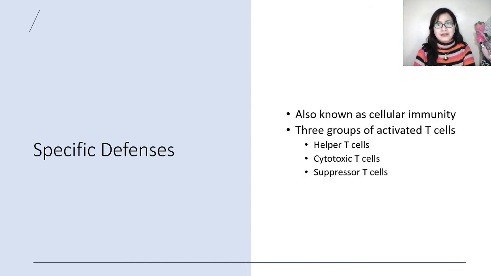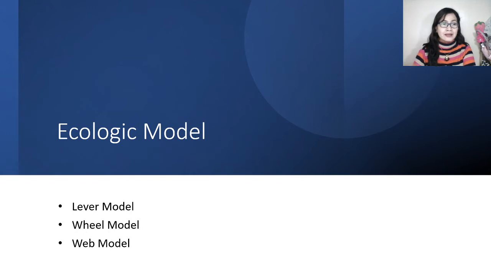The specific defense is also known as cellular immunity. And this could be activated T cells like helper T cells, cytotoxic T cells, and suppressor T cells. Alright, so those are the non-specific and specific defenses of the body against infection.